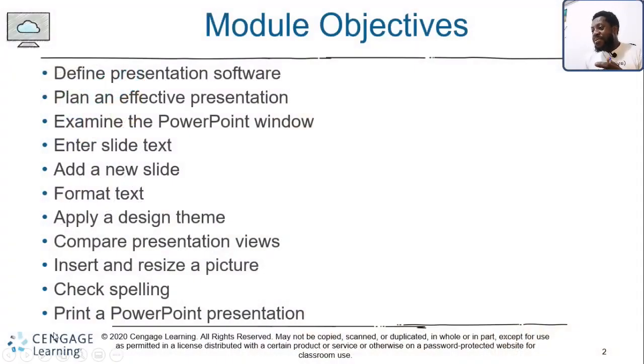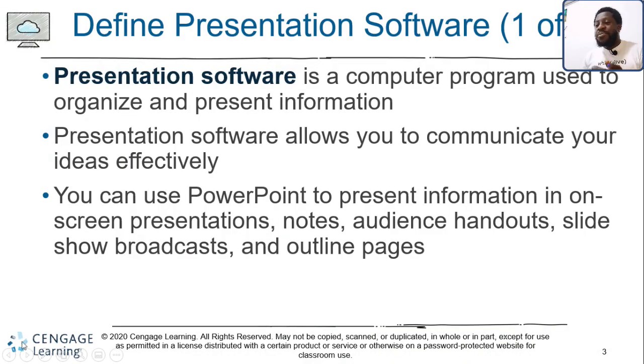When we say presentation software, we basically are referring to any computer program that is used to organize and present information. If you can use a software tool to organize and present information, not Microsoft Word, not Excel, but a presentation software, usually you are literally communicating your ideas to an audience. You getting the whole point? Communicating your ideas. So usually you bullet or outline these ideas and present them to your audience.